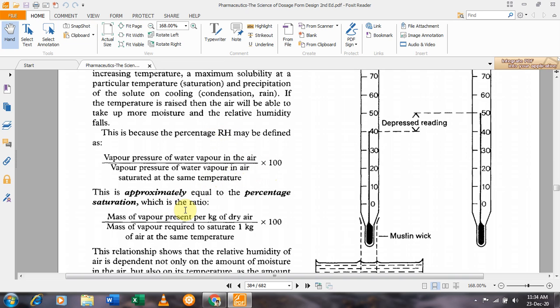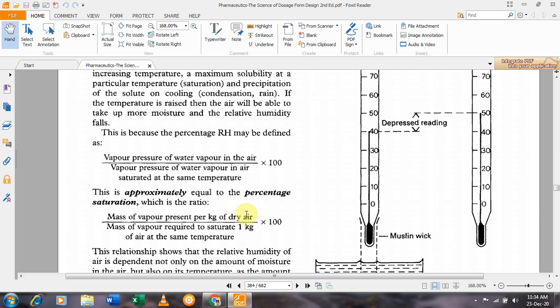This is approximately equal to the percentage saturation. What is meant by the percentage saturation? That is the mass of vapor present per kg of dry air, divided by the mass of vapor required to saturate 1 kg of air at the same temperature.